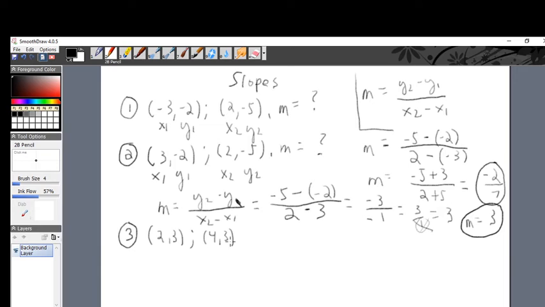Okay, that's going to be one question. And the other question right next door to it is, what's the slope between 2 comma 1 and 2 comma 3? Okay, there's our 2 questions.